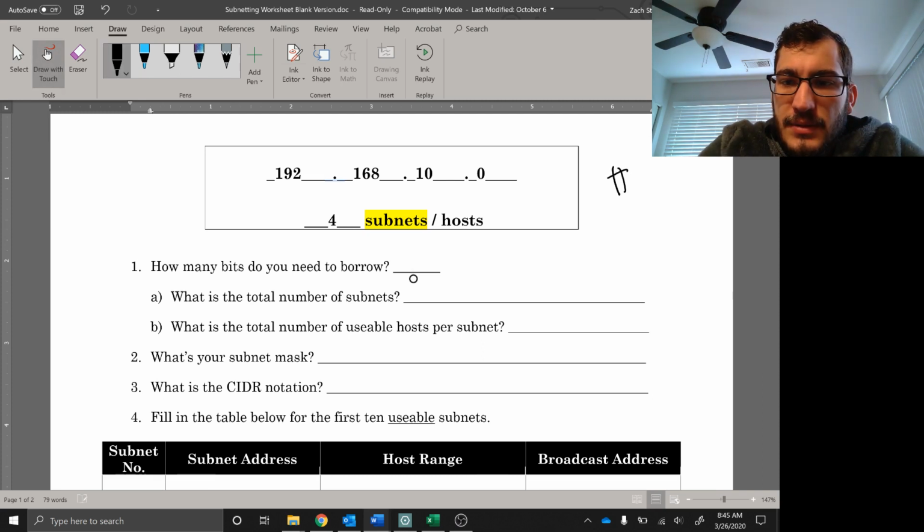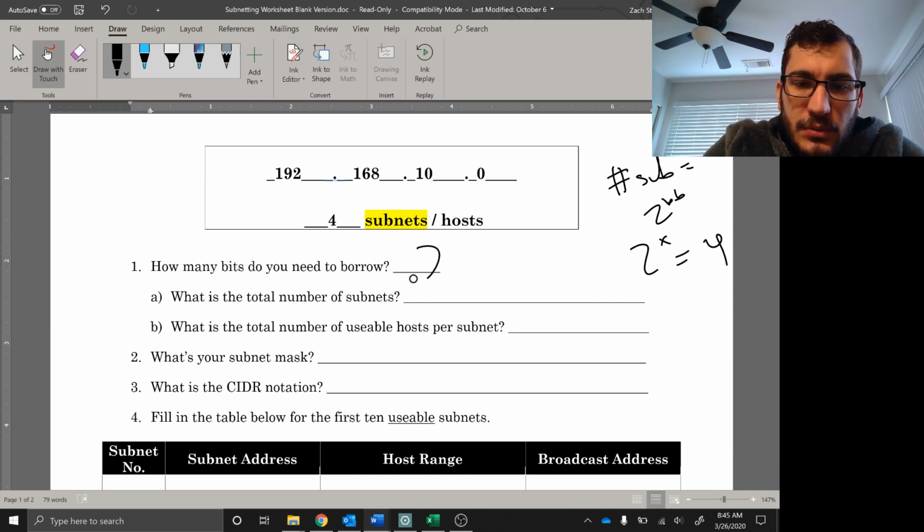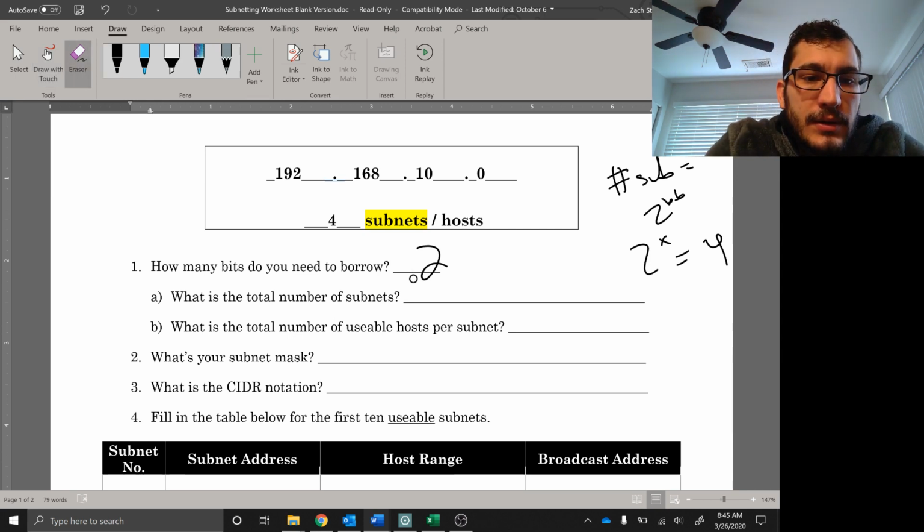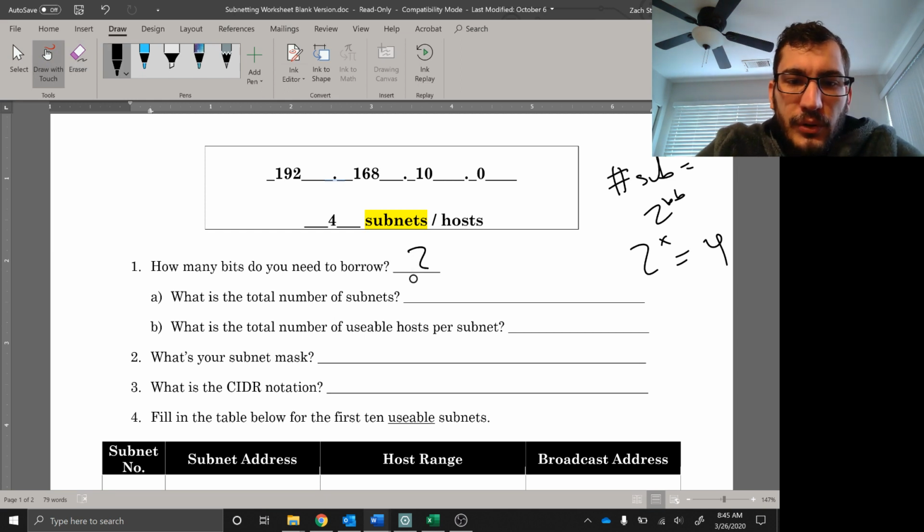Remember, number of subnets equals 2 to the bits borrowed. So 2 to the x equals 4. 2 to the what? Well, that would be 2. So your answer there is 2. What's the total number of subnets?